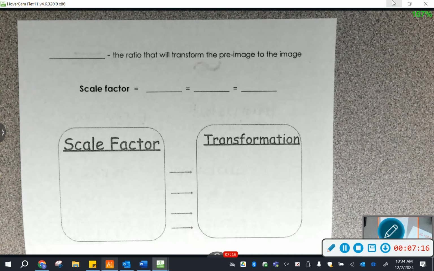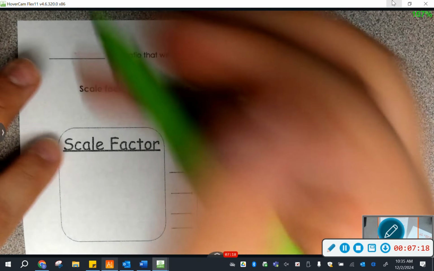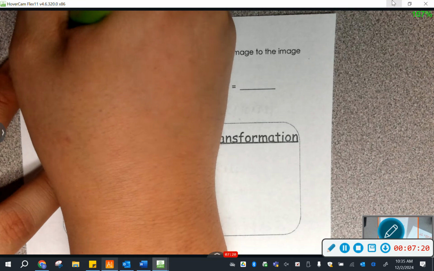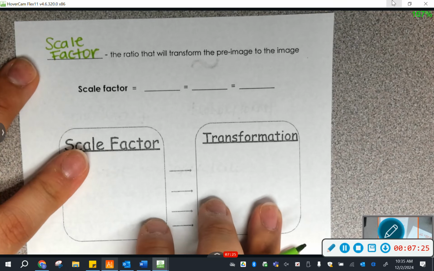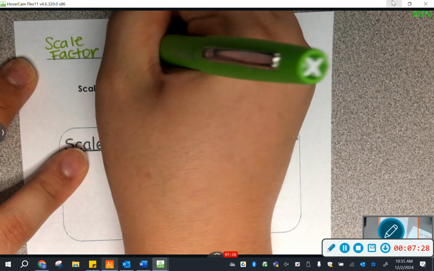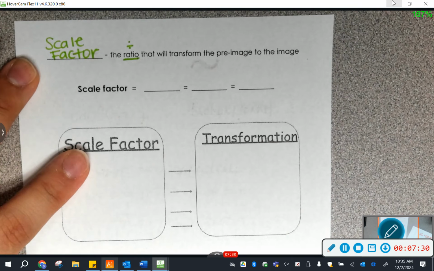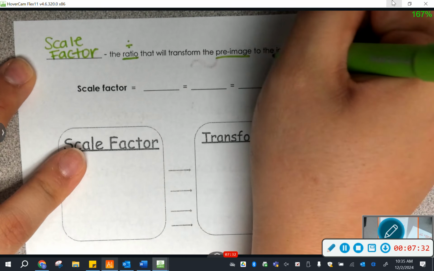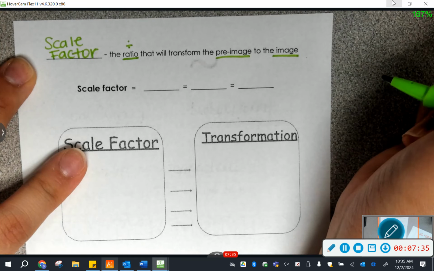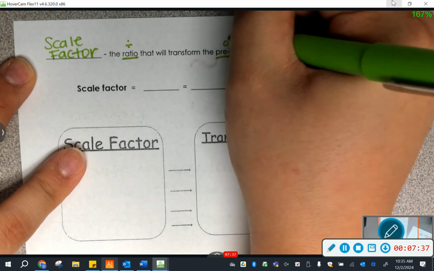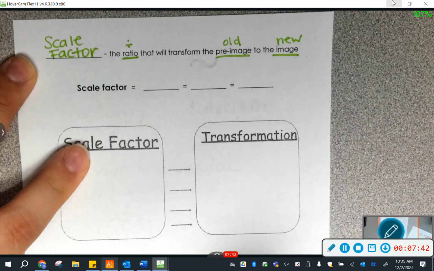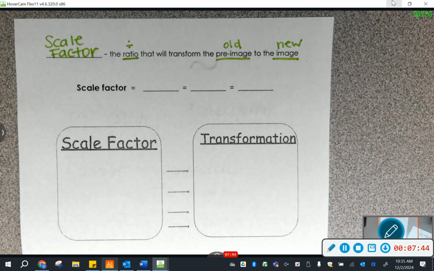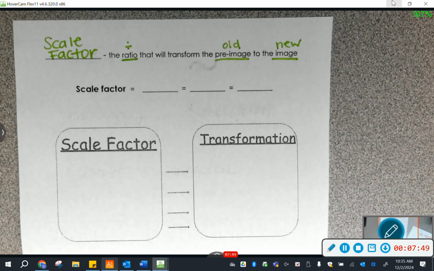Now, new word we are going to learn today is scale factor. A scale factor is a ratio, meaning you divide, that will transform a pre-image to an image. A pre-image is your old image, and your image is your new image. So we are going to be dividing our old and our new to find scale factor.